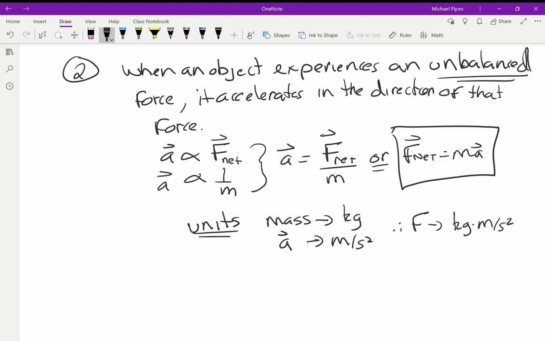Now that was actually Newton's units, in Newton's day. You just wrote kilograms times meter per second squared, right? But we, in honor of him about 40 years ago, changed this to, I'll just say 1 kilogram times meter per second squared. We renamed it 1 Newton.